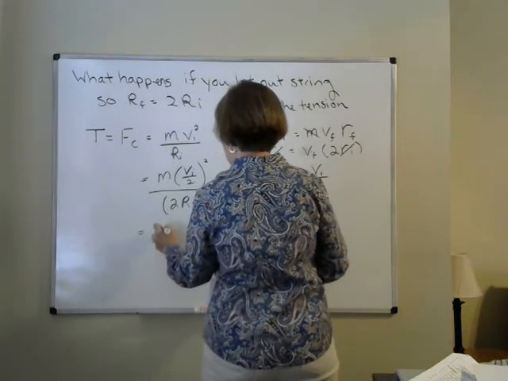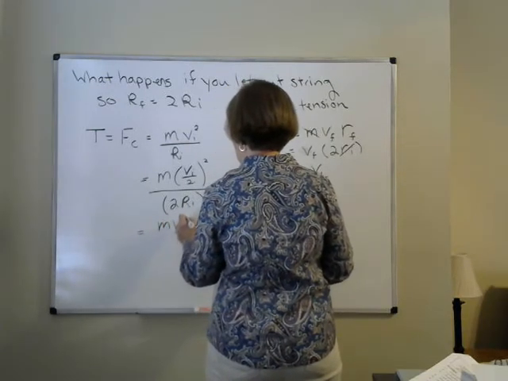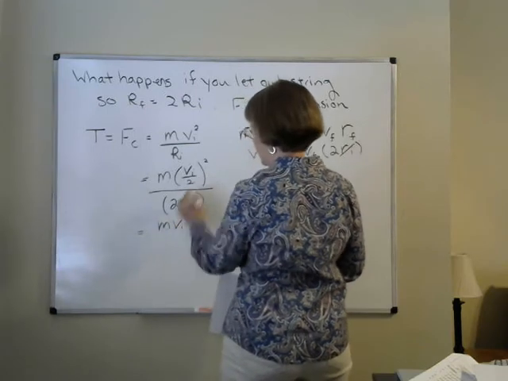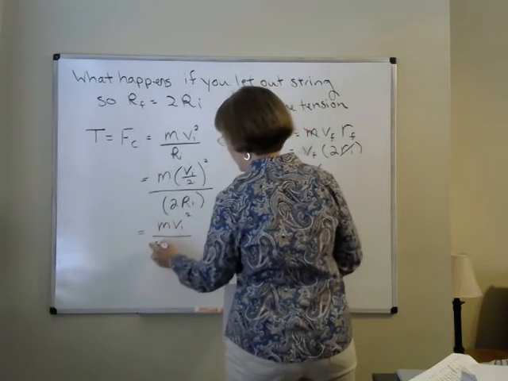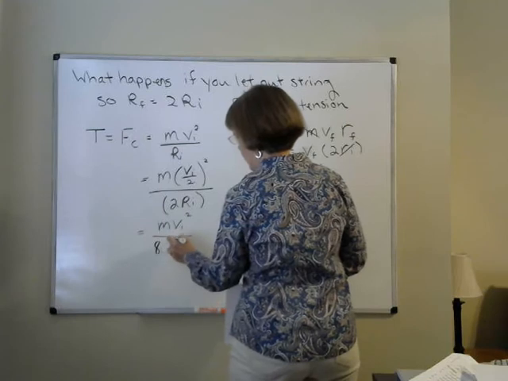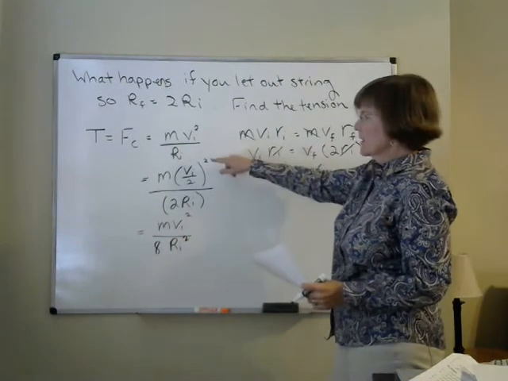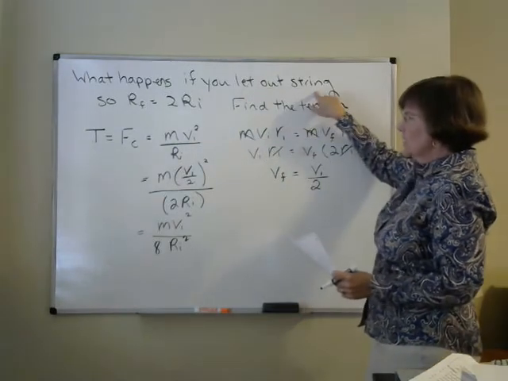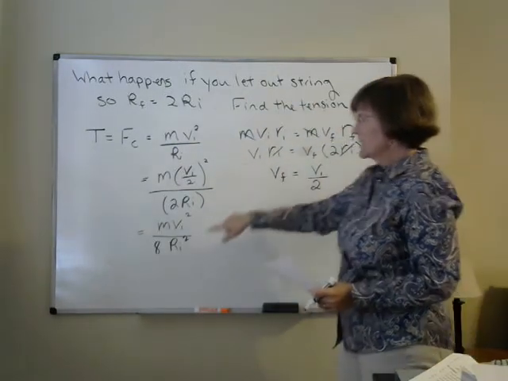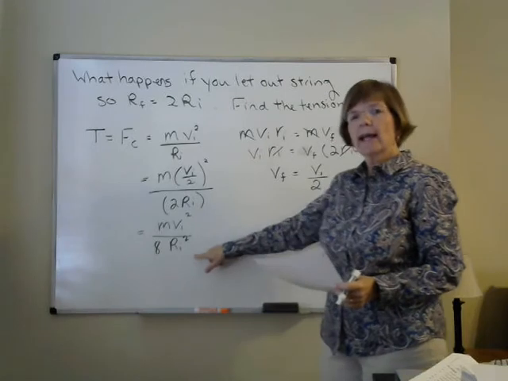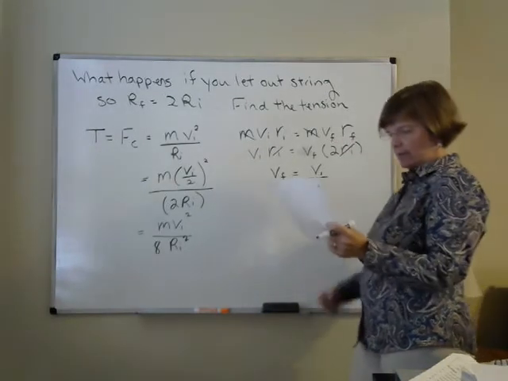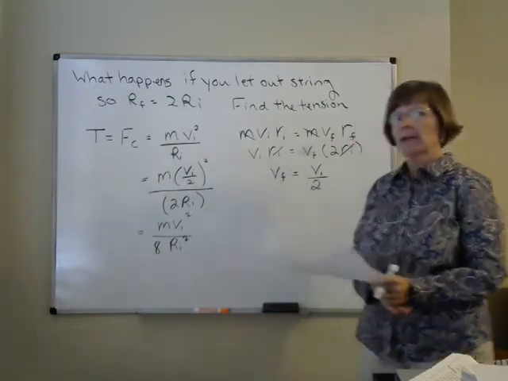That comes out to be mv_i squared over 4. That's going to go down here. So what you see is by letting the string out twice as much, my tension actually falls to 1/8 of the original tension. Okay, so it's just kind of a fun one to play around with.